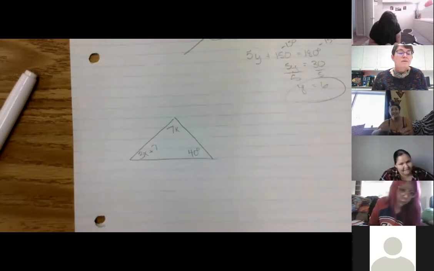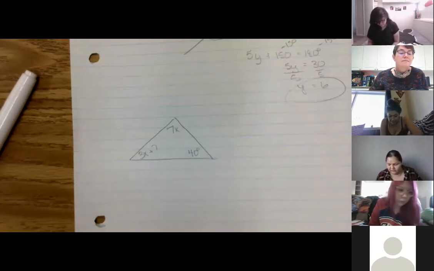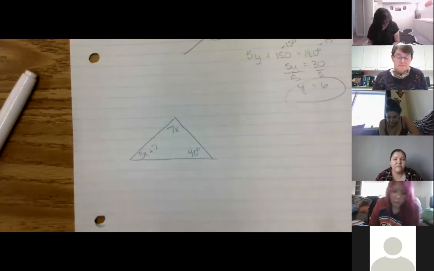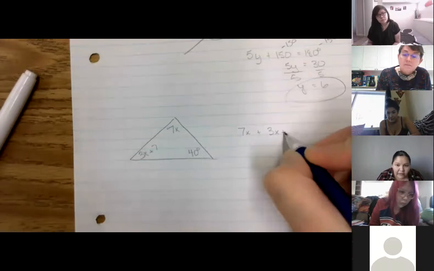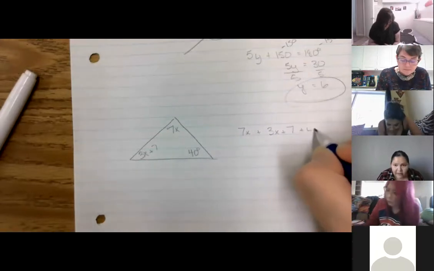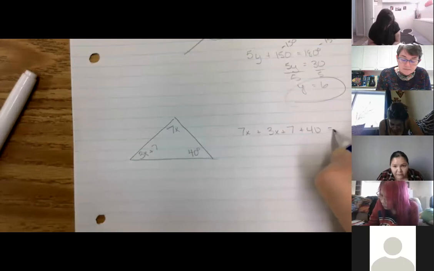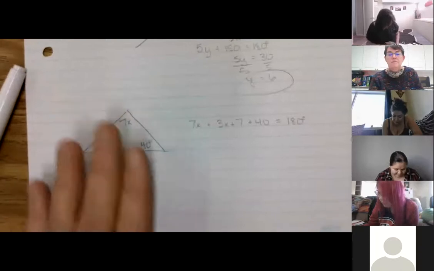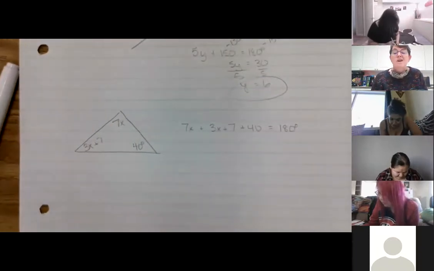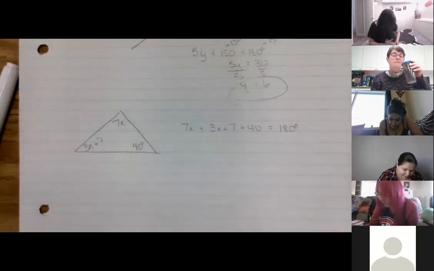Shadow, what can you tell me about those angles? Maya, what are you doing? How much do they add up to? 180? Yep. There we go. Solve that. It's not going to be a whole number. It's not going to be pretty, but it works.